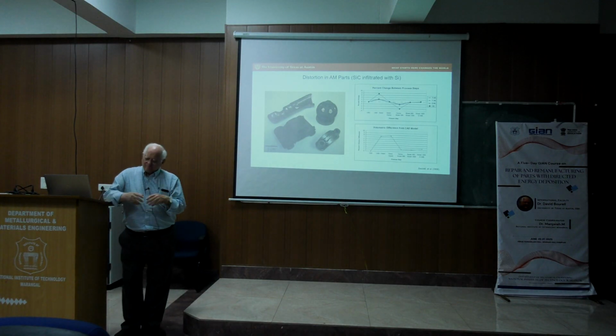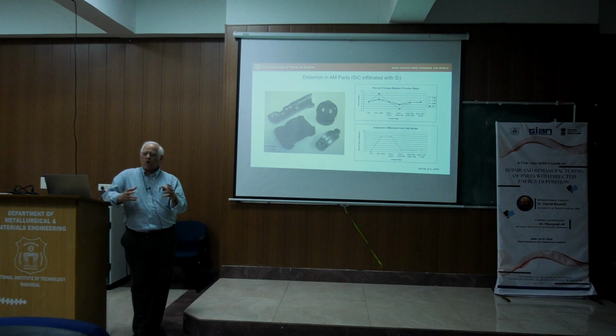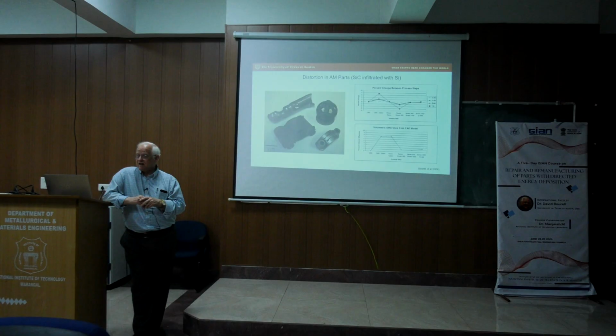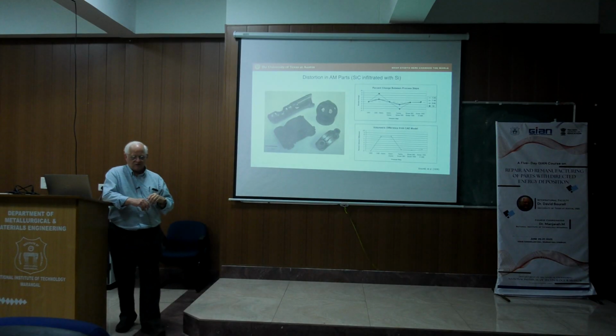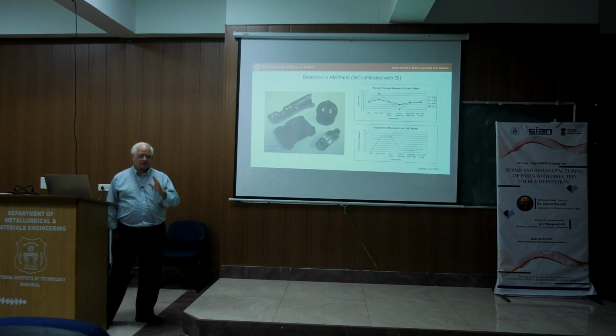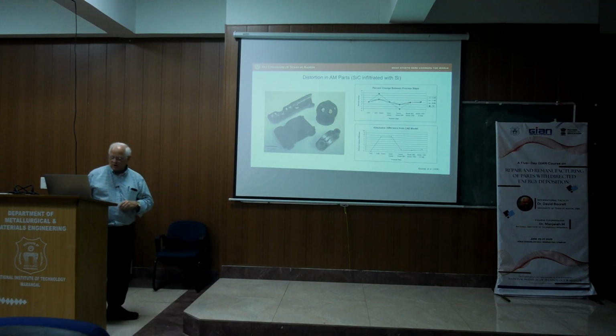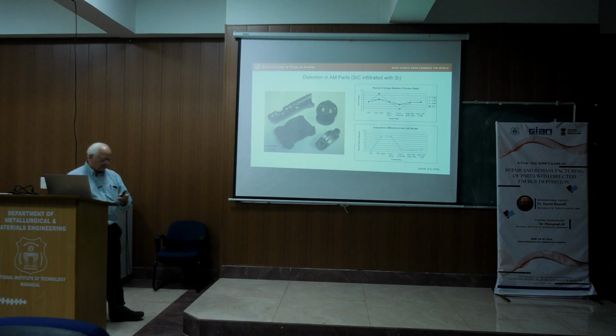And this perhaps may be more directly applicable to metals in the indirect form, where we have binders that have to be burned off in post-processing steps, as opposed to DED, where we don't have these exact steps in the post-processing. So with that caveat, let me show you what we found.